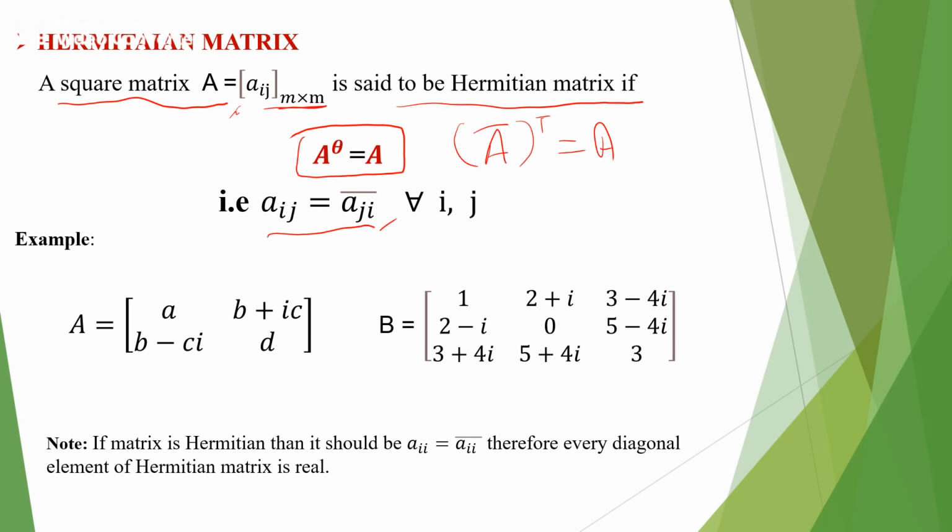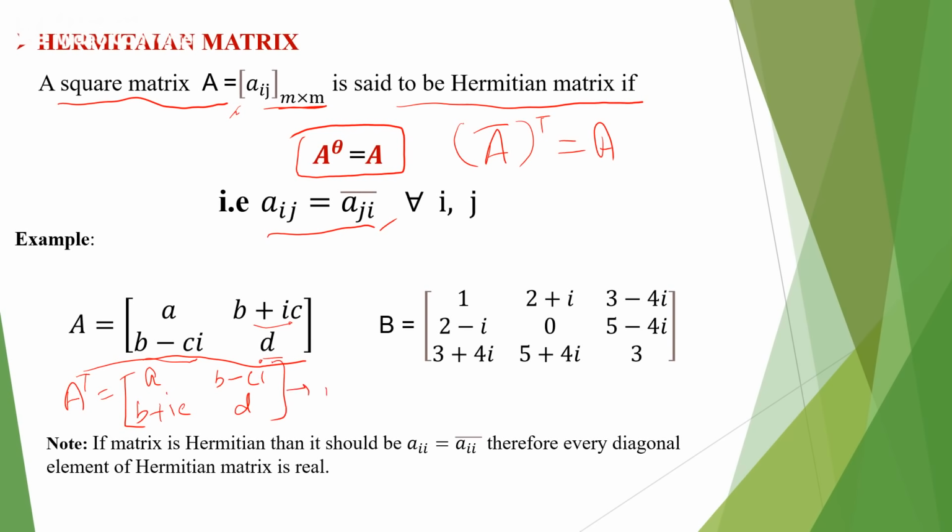So take an example. Suppose this is a matrix A, the entries are a, b plus iota c, b minus c iota, and d. If we take the transpose of that matrix, what do we get? a, b plus iota c, and b minus iota c, d. We just take a transpose.